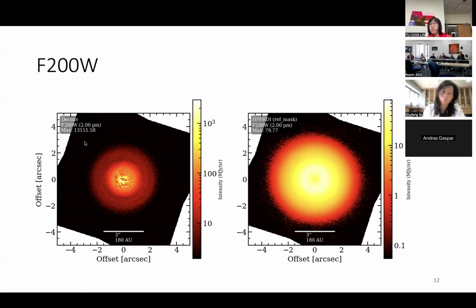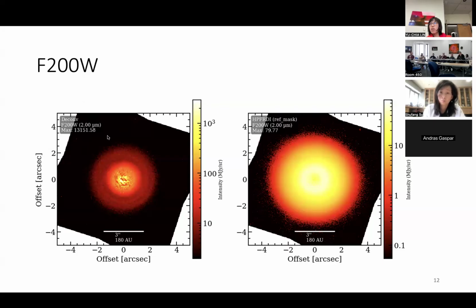Scale bars can be misleading because the one on the left is actually much brighter than the one on the right. The central part is really bright and it gets spread out by the PSF to the outside, so the right side is not as bright as the left one.